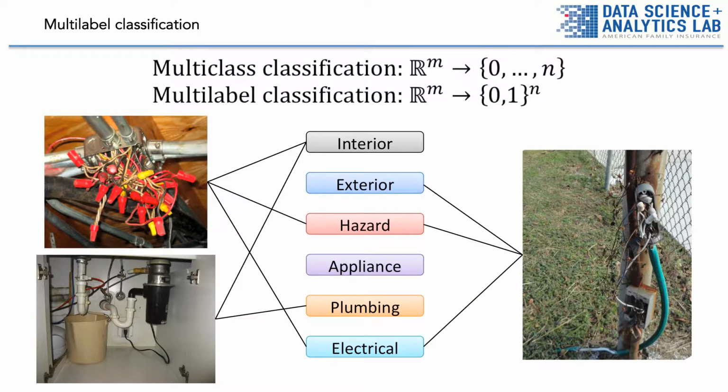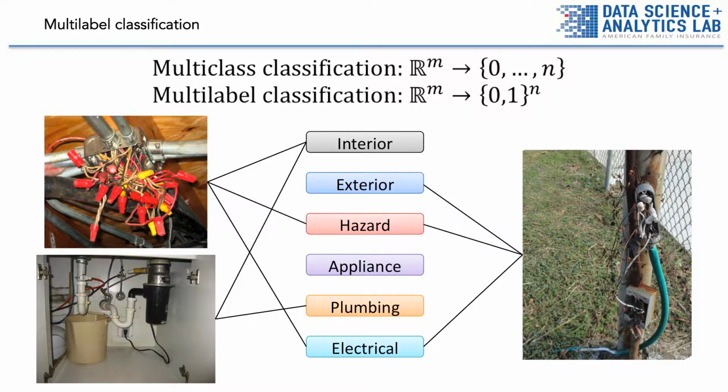The multi-label framing is slightly different in that we have, again, a set of n output labels, but they're not mutually exclusive, and we're not guaranteed that any of them are actually going to be appropriate for a given input instance. An example task of this type would be one that involves looking at information, say images, related to issues that occur in somebody's home, and trying to identify attributes of those instances.